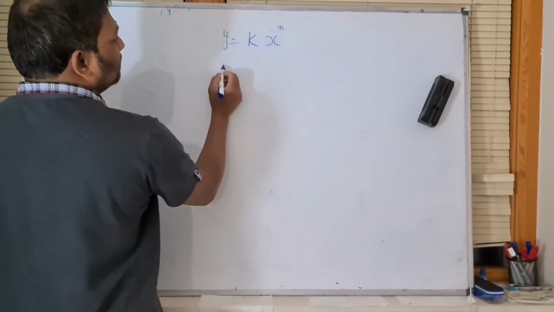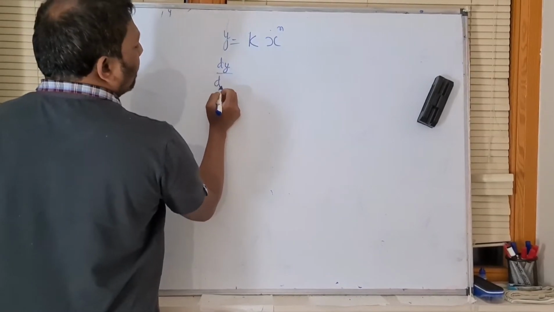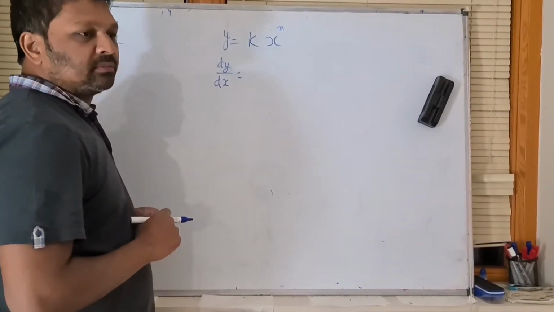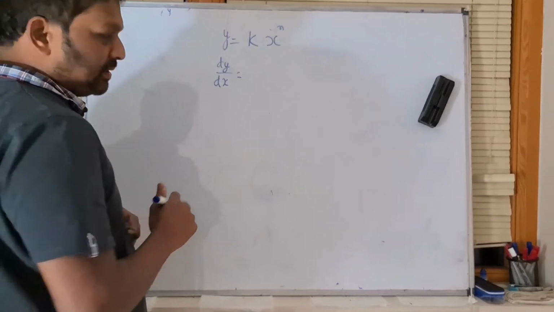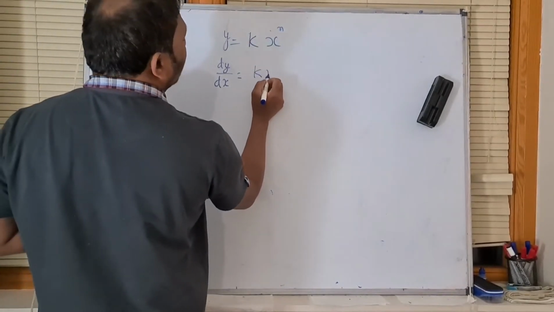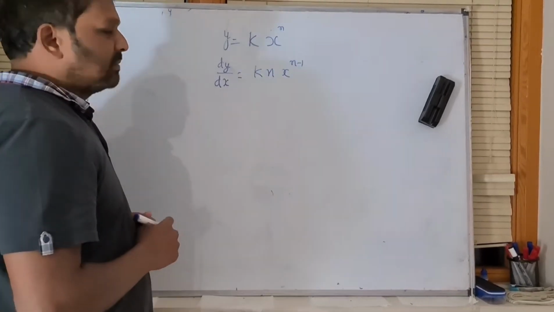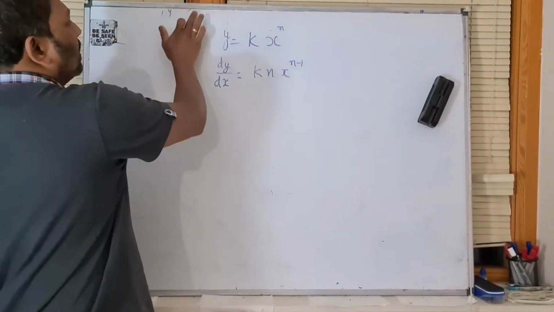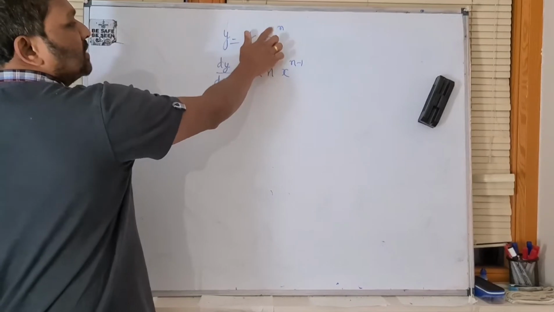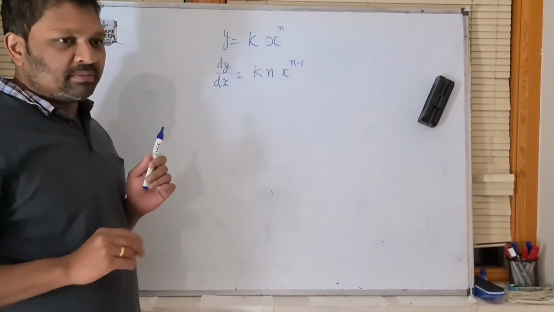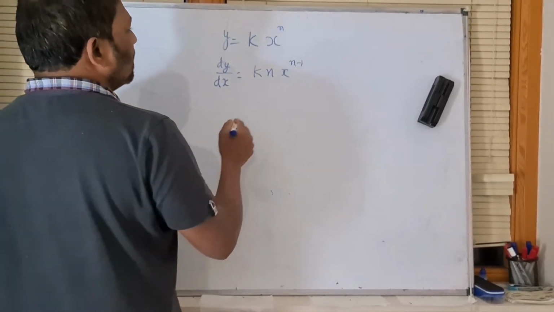So what is the differentiation of y? It is k times n times x to the power of n minus 1. So even if there is some constant coefficient here, that constant coefficient will remain as it is.